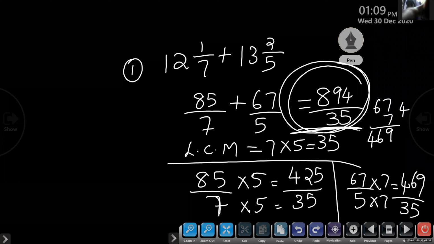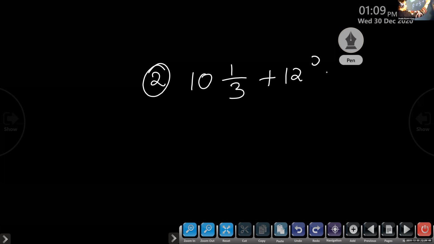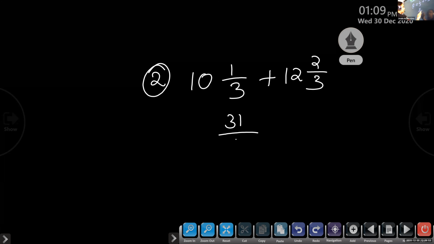Next one, I think children, here is very easy, because when you convert, it is like fractions. 10 and 1 by 3 plus 12 and 2 by 3. What's the answer here? 31 by 3 plus 38 by 3.